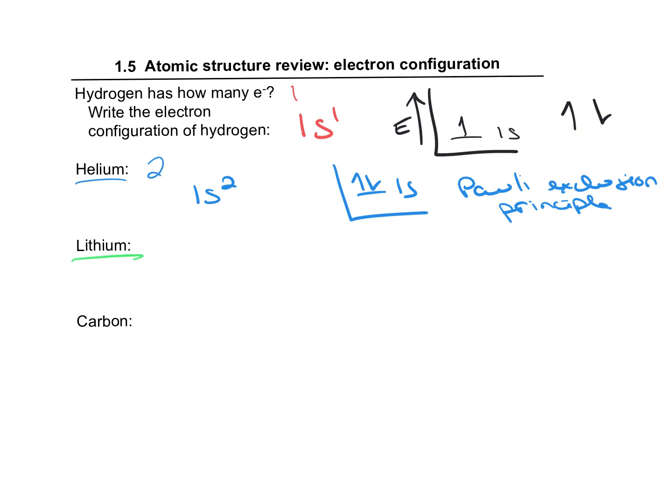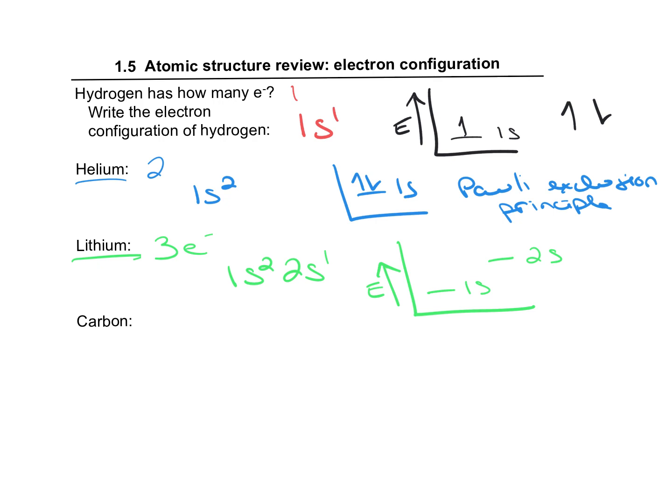Next, if we look at lithium, this has 3 electrons. And so this will have the electron configuration 1s2, 2s1. So again, we've got energy going in this direction. If this represents the energy of the 1s orbital, then this would represent the energy of the 2s orbital.